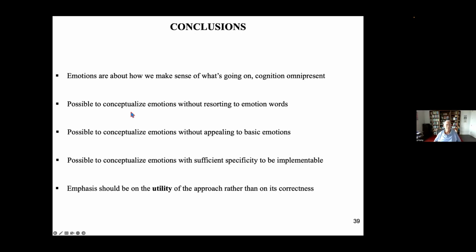I think the idea of OCC is to show that it's possible to conceptualize emotions without resorting to emotion words, using as much as possible cultural and linguistically neutral ways of characterizing interpretations of situations, that it's possible to conceptualize emotions without appealing to basic emotions, although we obviously do appeal to feeling good and feeling bad, or positive and negative feelings as somehow irreducible.